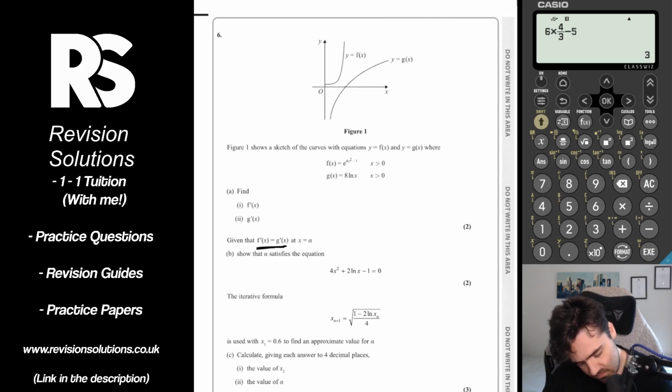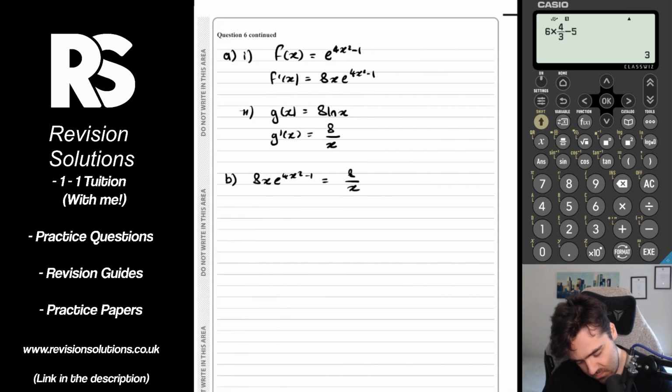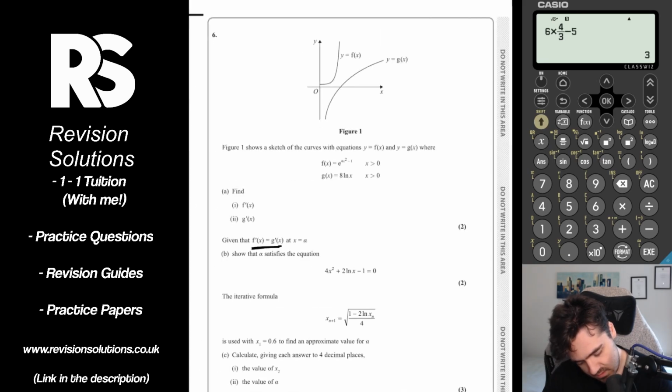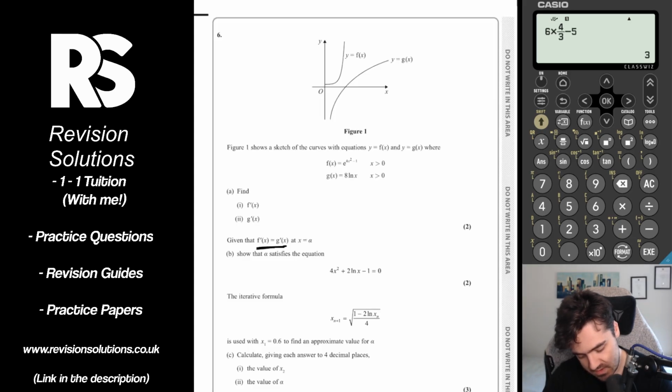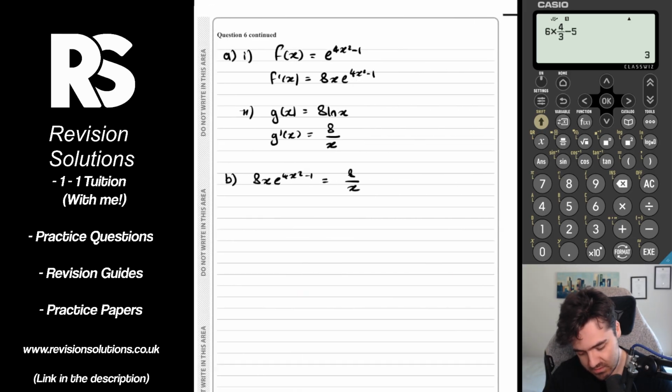And then we're going to need to get rid of this exponential here. So what I think I'll do is we'll rearrange for the exponential and then log everything just to deal with that issue. But first let's divide everything by 8.